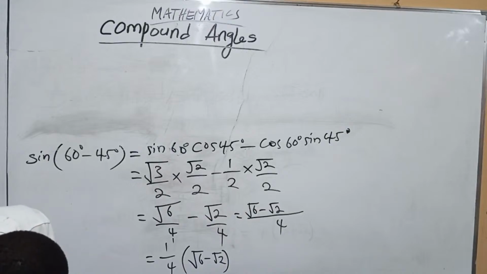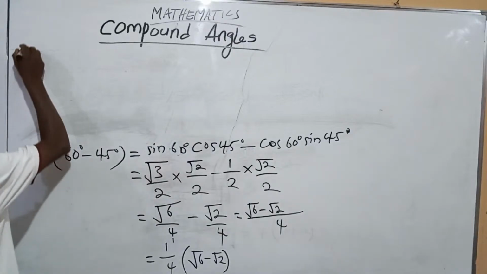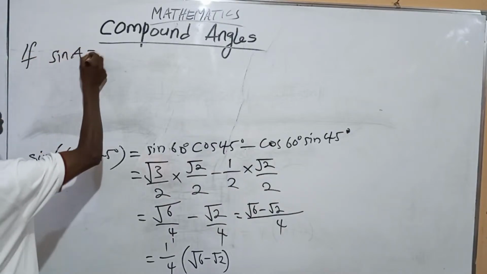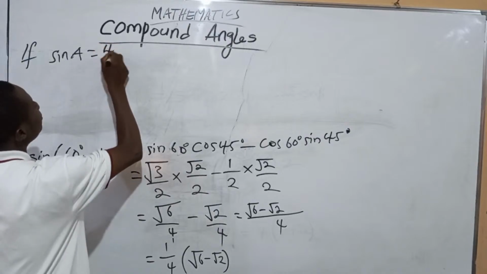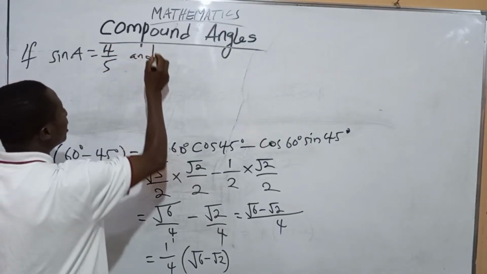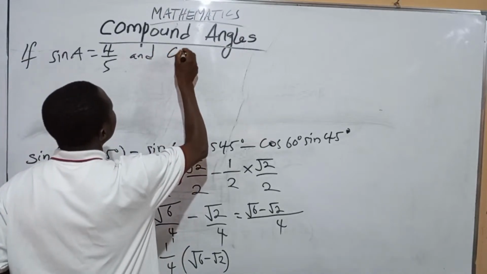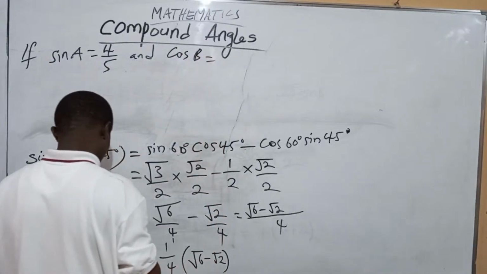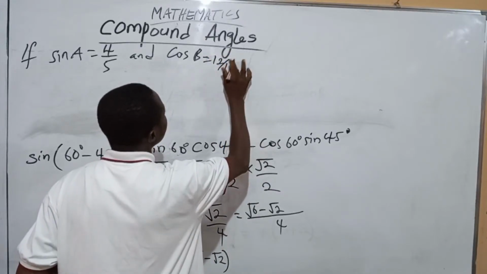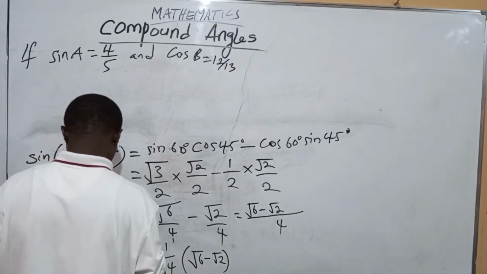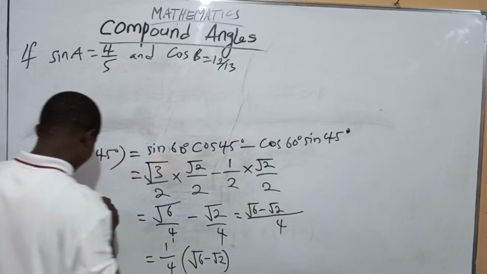We are given that if sine A is equal to 4/5 and cos B is equal to 12/13, then the question is to find cos A plus B.